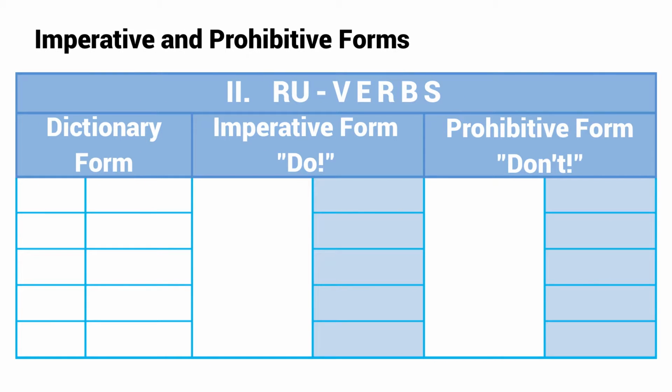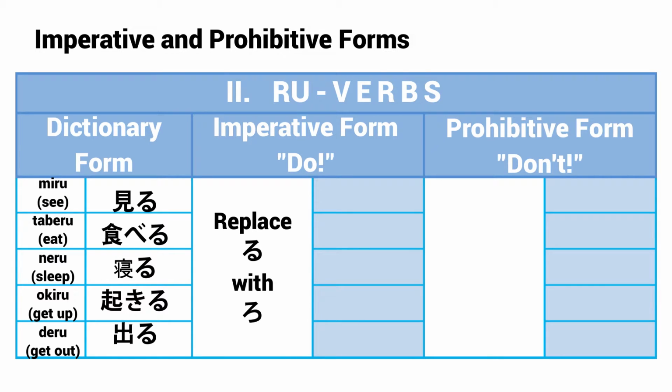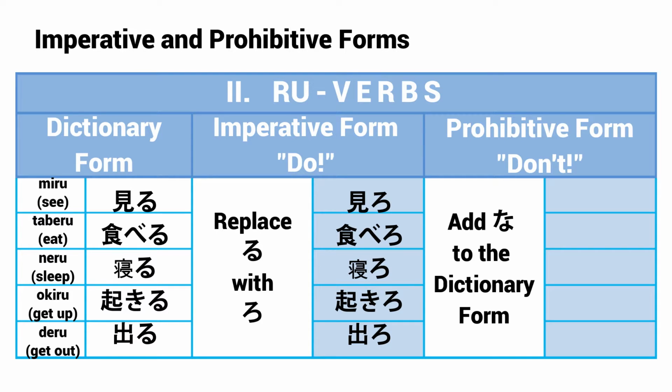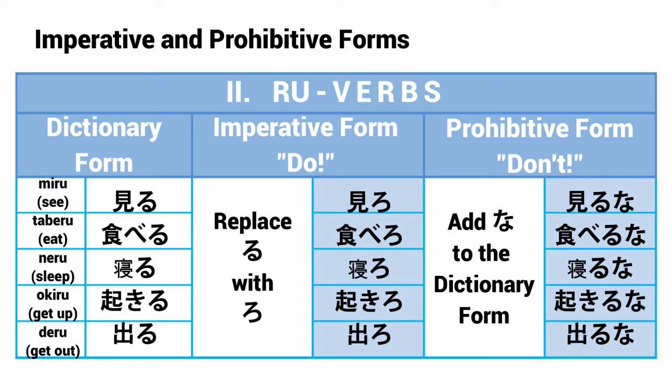For ru verbs, change ru to ro. For example, miru becomes miro. And the prohibitive form is miruna.